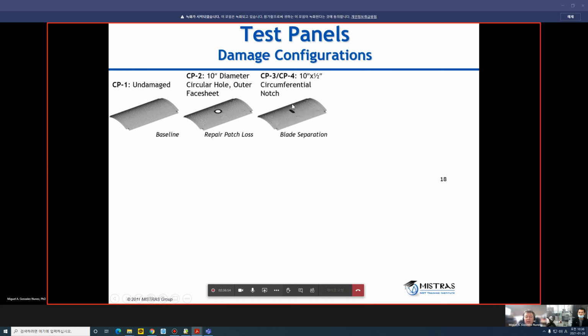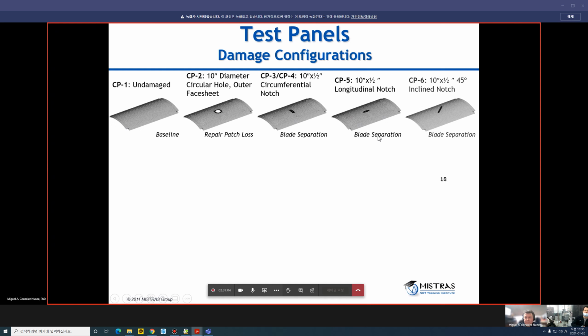Then we have a blade separation with a circumferential notch. And then we have a longitudinal notch and blade separation. And finally, we have an inclined notch on blade separation. So these are the most critical damage.